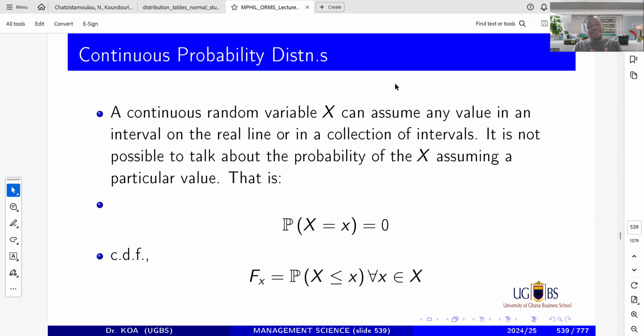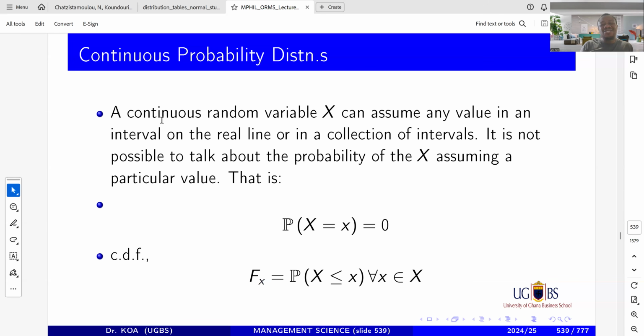But when you think about things like age, age can be a decimal. She can be 2.5 years, 2.4 years. You can do a lot of conversion. What else can be decimals? Think about that. They are all continuous random variables. They assume any value in an interval on a real line or in a collection of intervals.